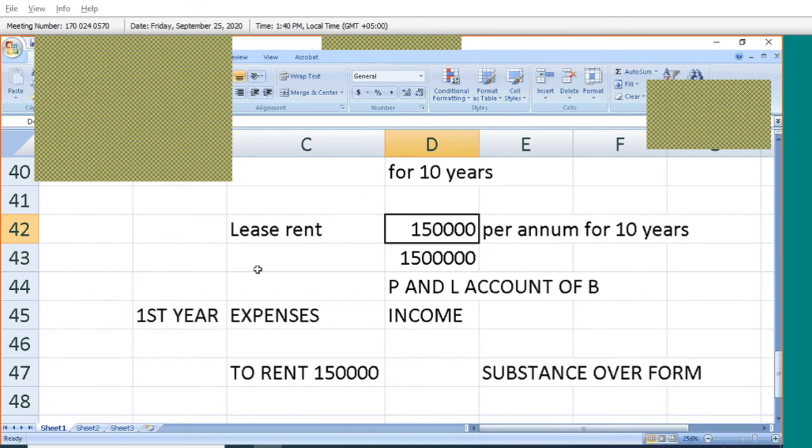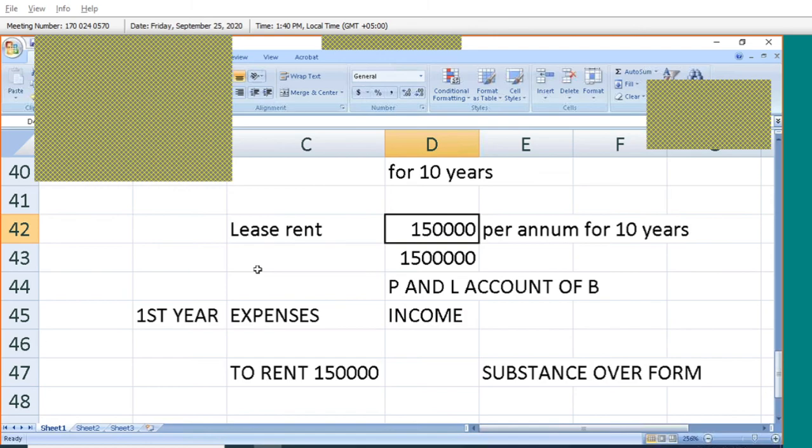Legally A is the owner, but by substance B is the user, and he actually becomes the owner, because practically he alone uses the asset, and he is also paying money which is more than the worth of the asset. For the 10 year life of the asset, it is fully used by B only.